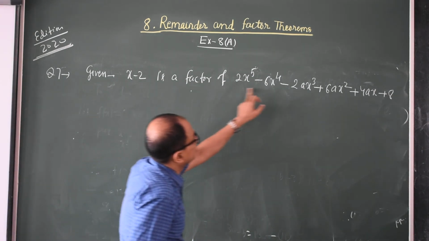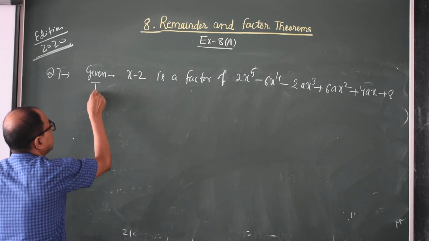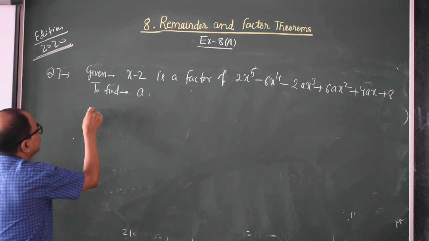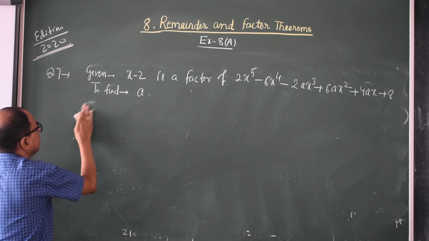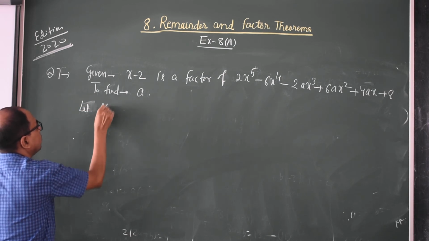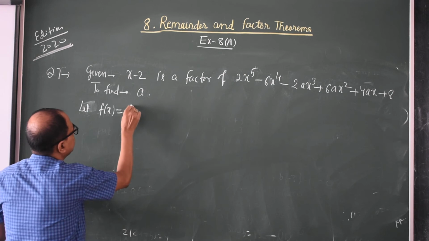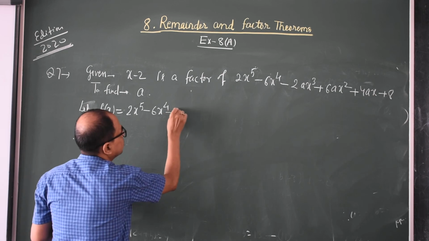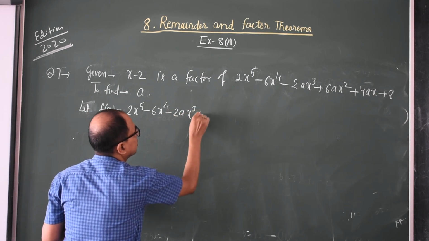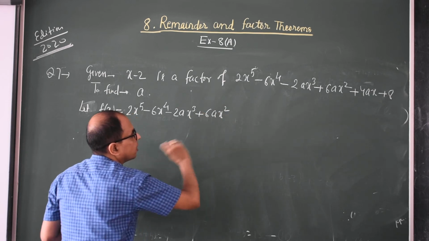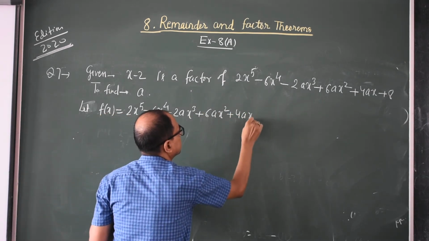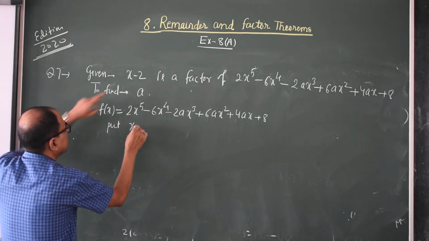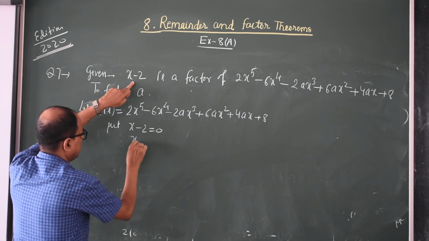So here x minus 2 is a factor of this polynomial. To find the value of a, let the polynomial f(x) be 2x to the power 5 minus 6x to the power 4 minus 2ax cube plus 6ax square plus 4ax plus 8. Put x minus 2 equal to 0. So here x is equal to 2.